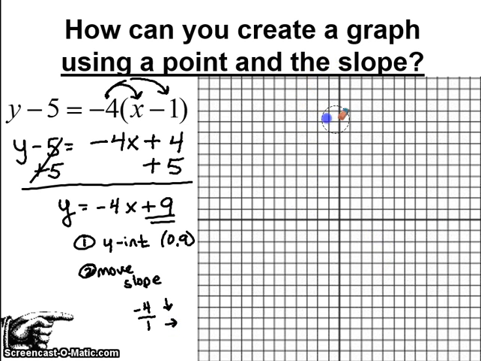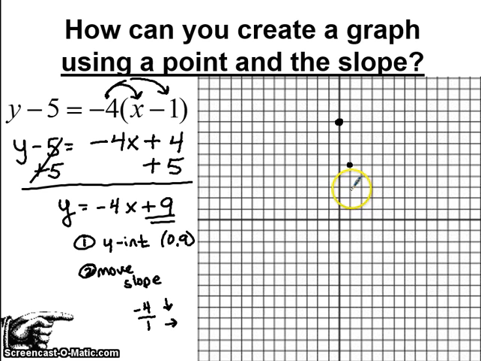So we're going to start at our y-intercept, which is here at 9, which you already have drawn. And we're going to go down 4 over 1. So 1, 2, 3, 4 down, over 1.